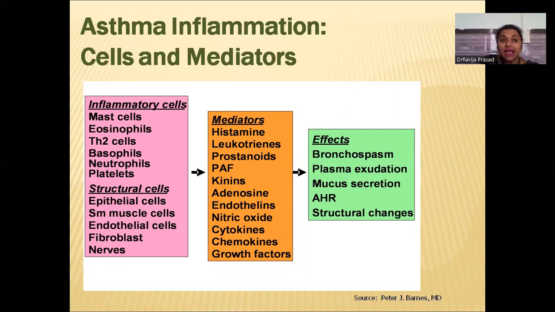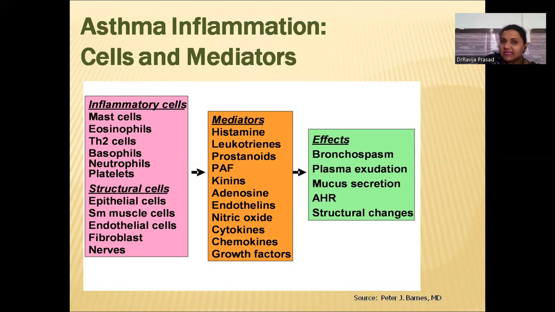The cells which get damaged in asthma are the epithelial cells, presented at the border as we have already seen in the normal tissue, then smooth muscles, endothelial cells, fibroblasts, and nerves. The mediators are histamine, leukotrienes, prostanoids, kinins, adenosine, endothelins, nitric oxide, cytokines, chemokines, and growth factors.